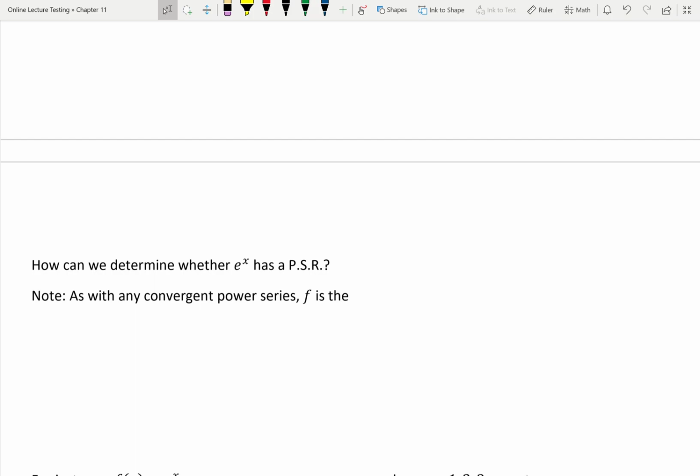So as with any convergent series, f is the limit of the sequence of partial sums. Again, remember what the basic definition of what a series is. A series is just a sequence of partial sums.